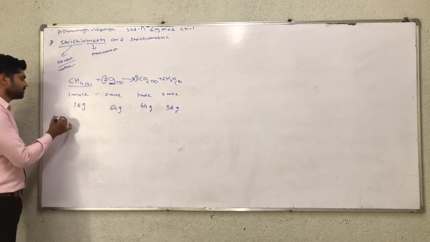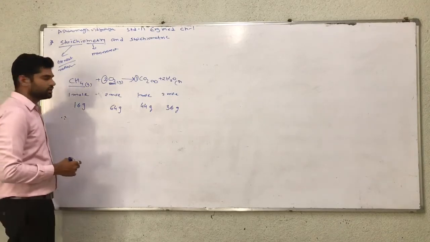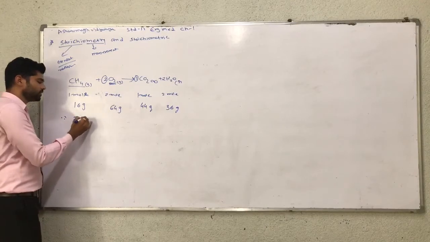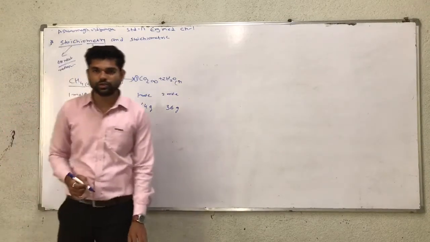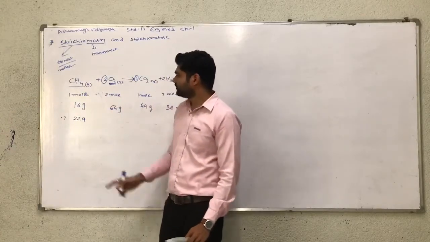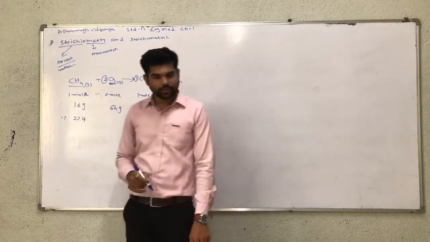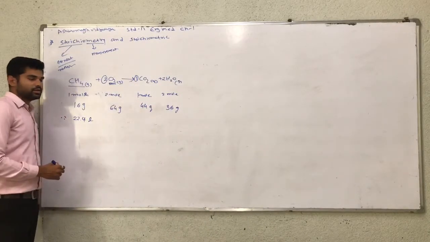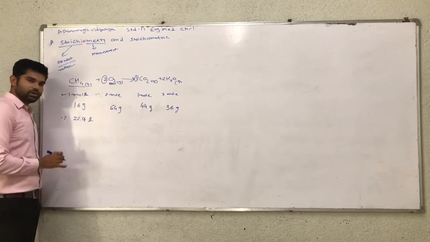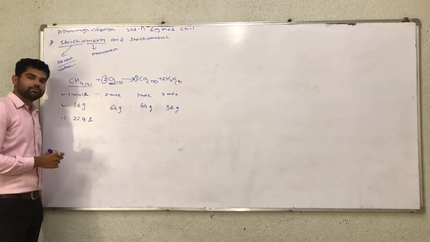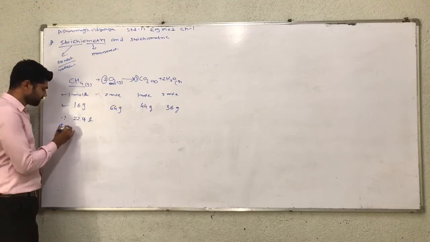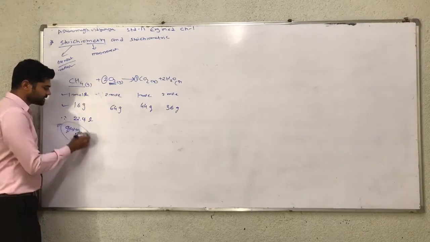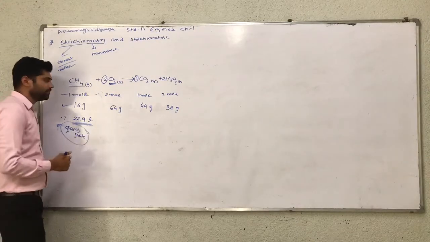Now in gaseous state, it is represented by volume. So how much volume? 22.4. In the gaseous state, 22.4 liters of CH4, then you can say that 1 mole is also 16 grams. In the gaseous state, this reaction can be applied.